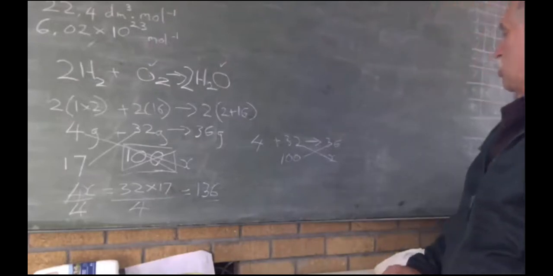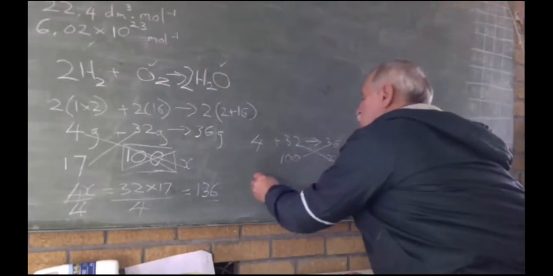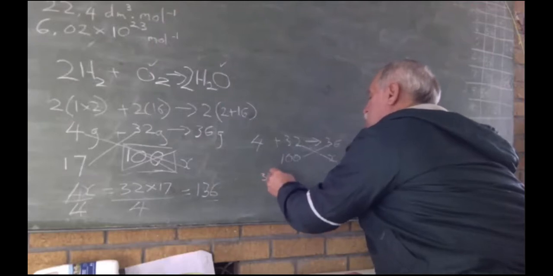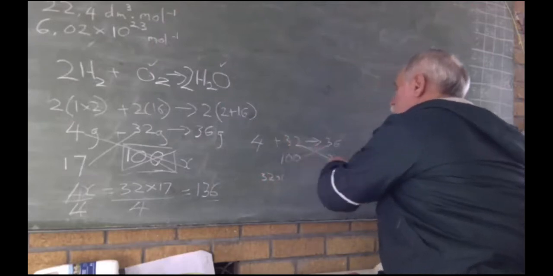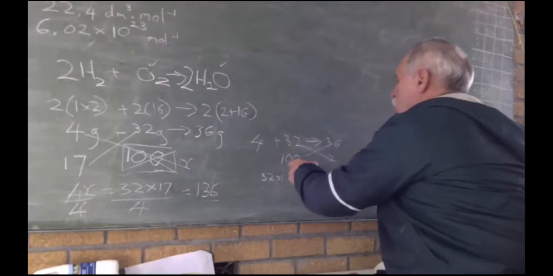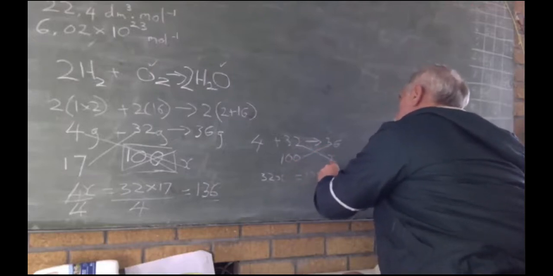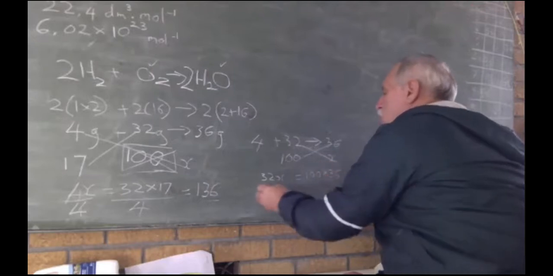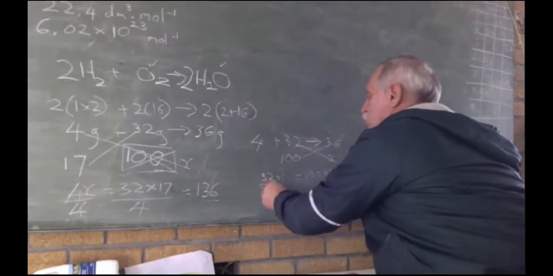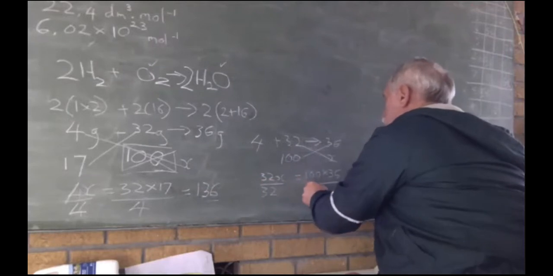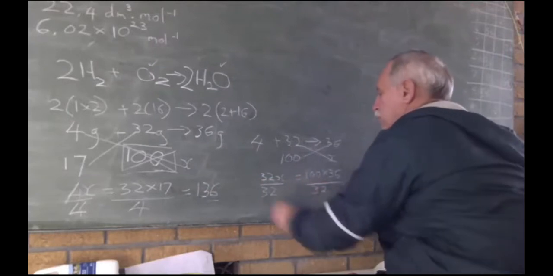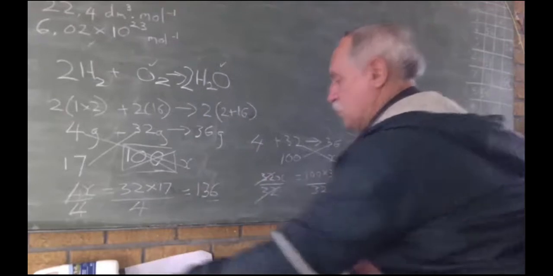Okay, so let's do the maths. 32 times X equals 100 times 36. Dividing both sides by 32 will leave X. That cancels out.